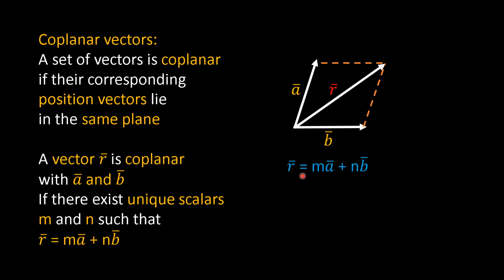This means among three vectors, if any one vector can be expressed as a linear combination of the remaining two vectors, then the given three vectors are coplanar. This is what it means.